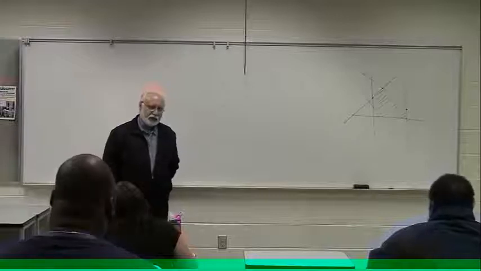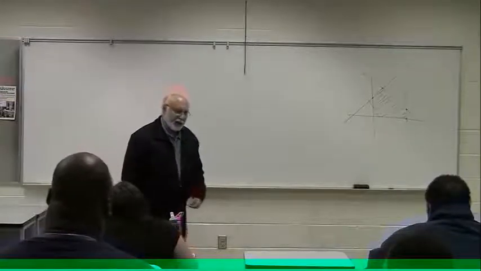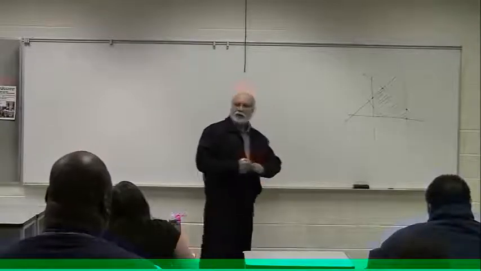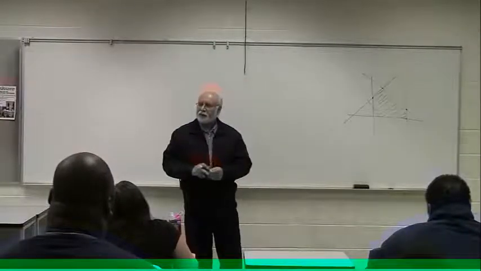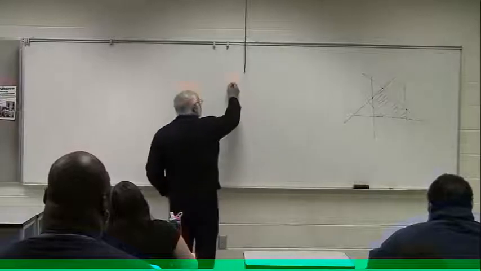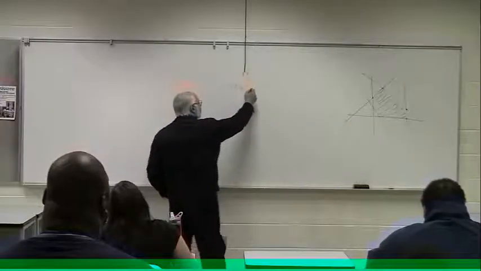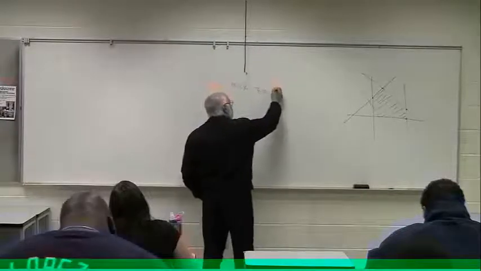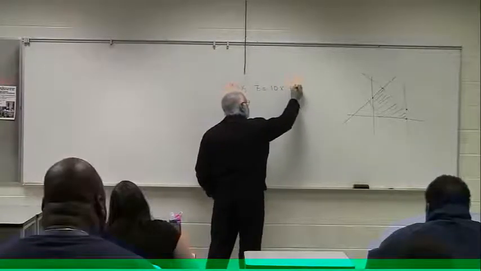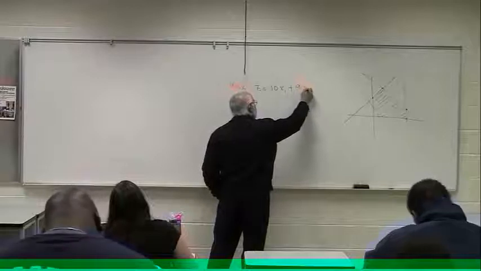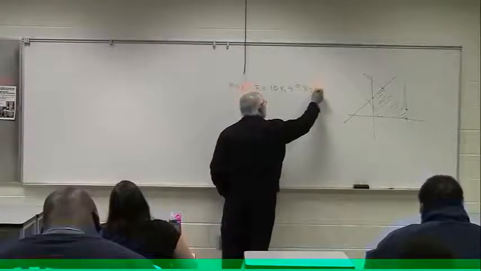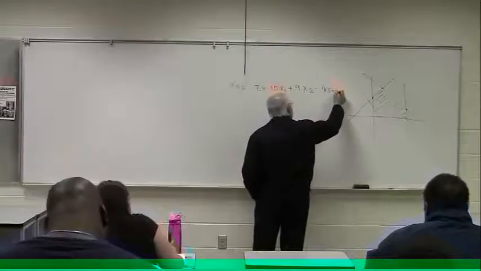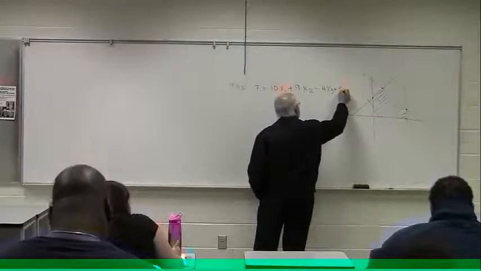And to use this technique, we need to go back and talk about the reason that we choose a variable. Okay. Max z equals 10x1 plus 9x2 minus 4x3 plus 5x4.